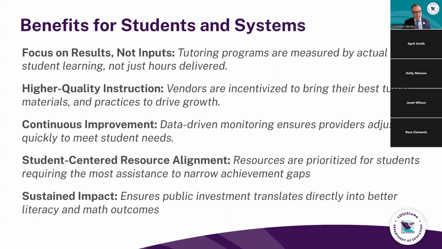Third, the model uses data to help providers adjust quickly and continuously improve. It also directs resources to the students who need them most, which helps close achievement gaps. And finally, it ensures that the public investment in tutoring translates into stronger literacy and math outcomes.